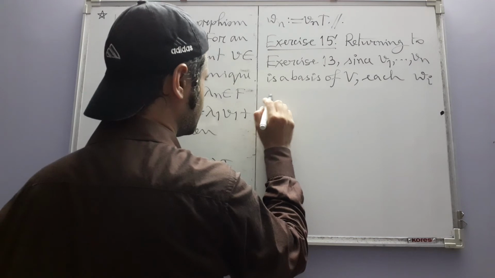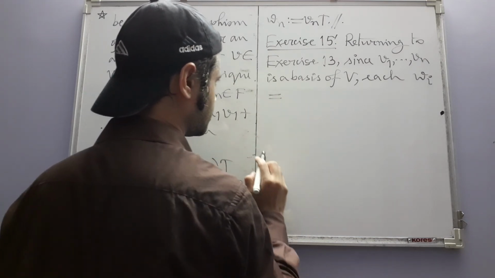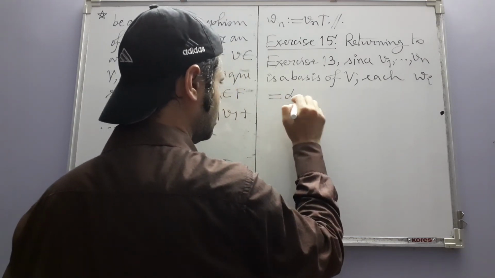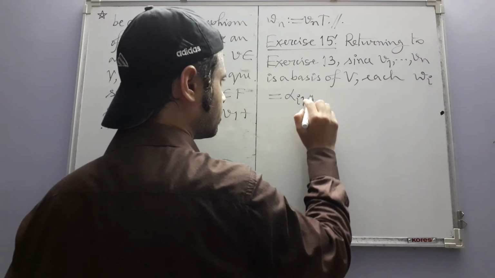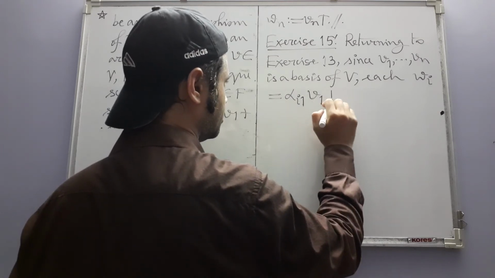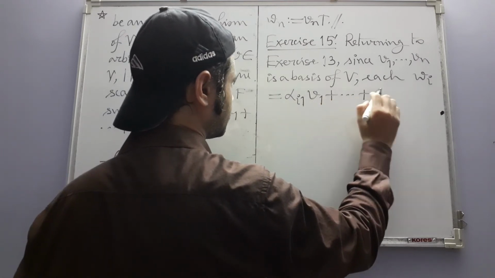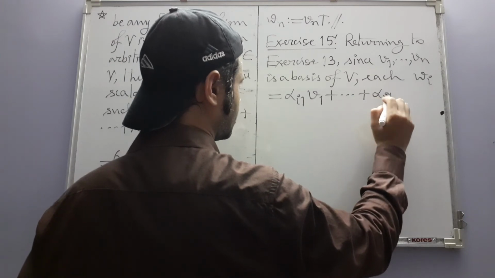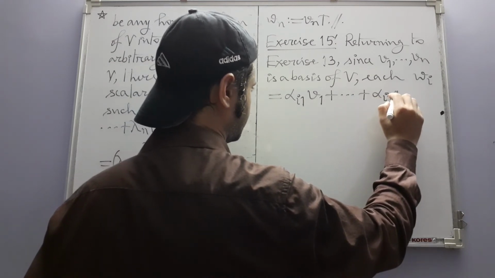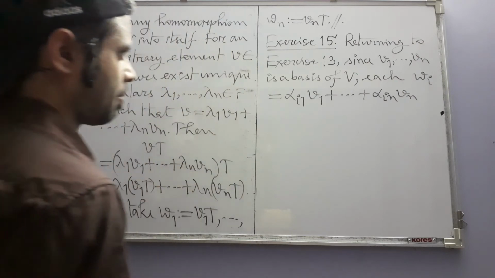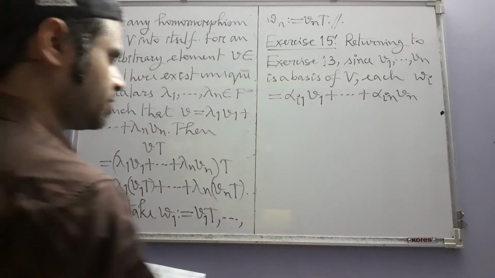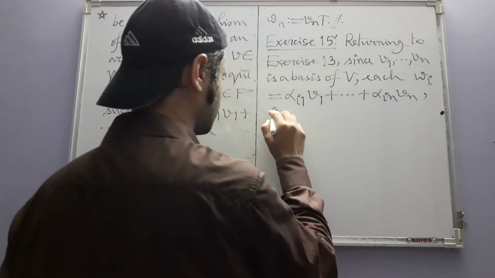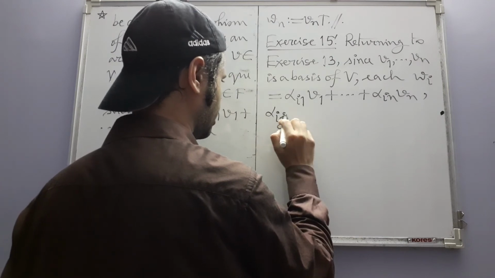That's what a basis does. It generates the whole space as a linear combination of these vi's, alpha i1 v1 plus and so on up to alpha in vn, where the alpha i's of course are coming from the field of scalars.